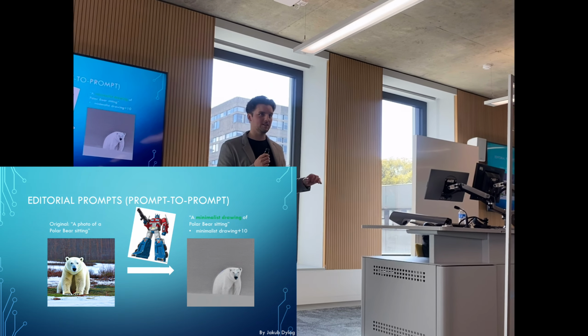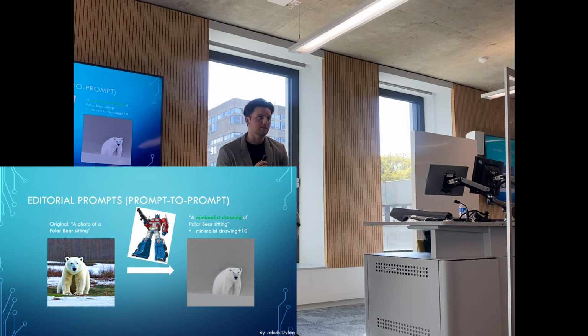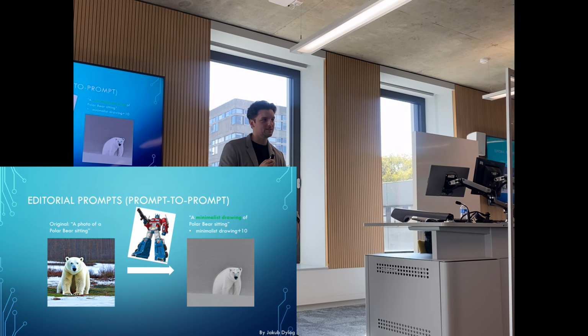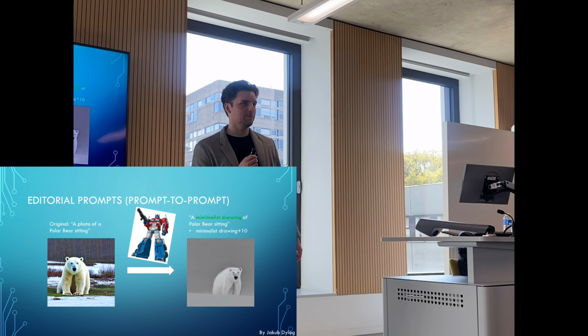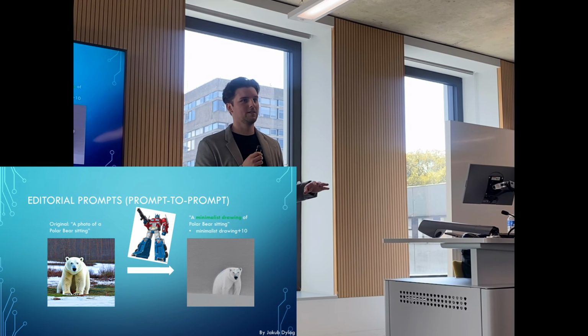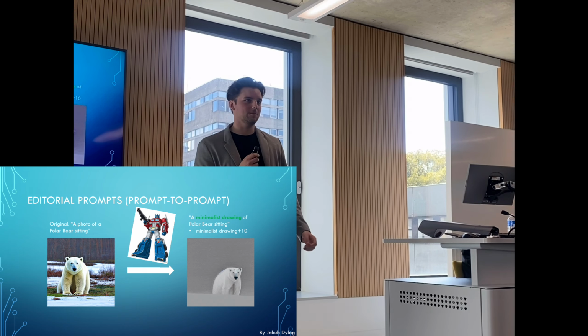And then by just adding that description, we've taken that picture, with the polar bear still sitting somewhat in the same pose, and we've just changed the whole style. But the pose of the polar bear, and maybe the color, the composition of the image is the same as your original, just changed.